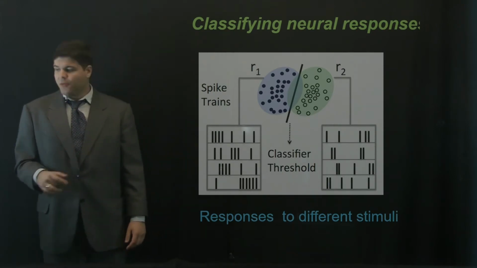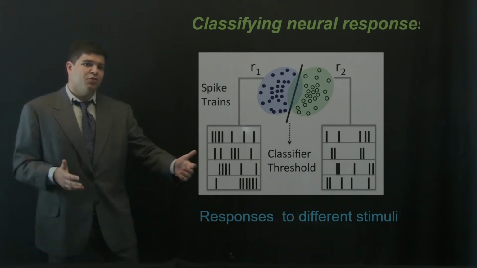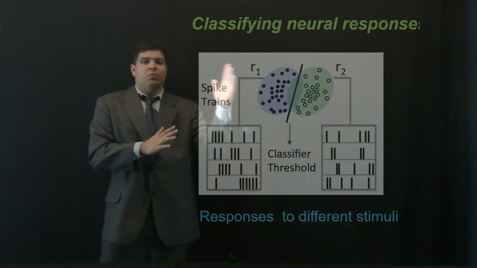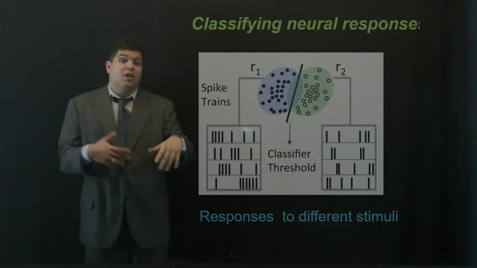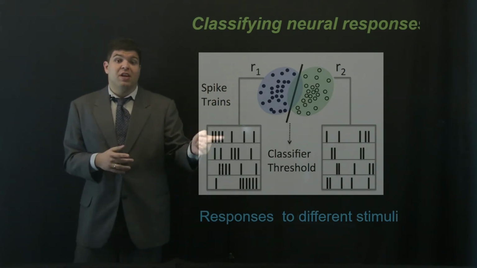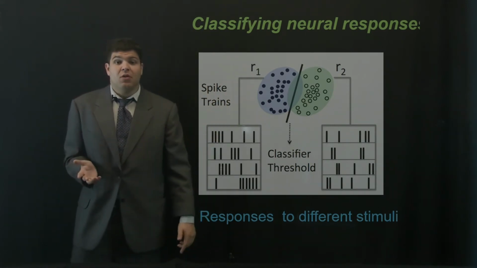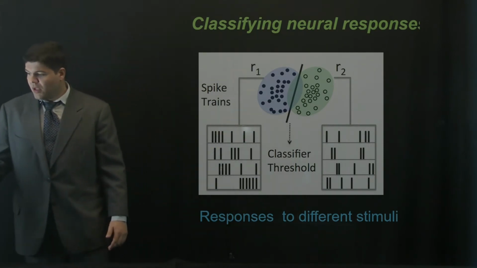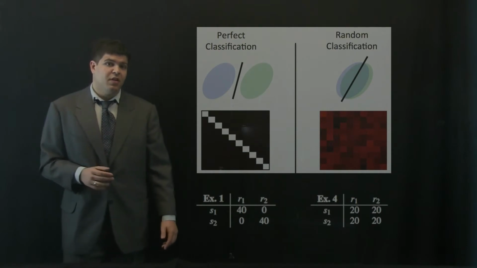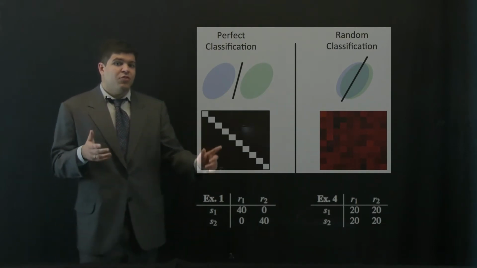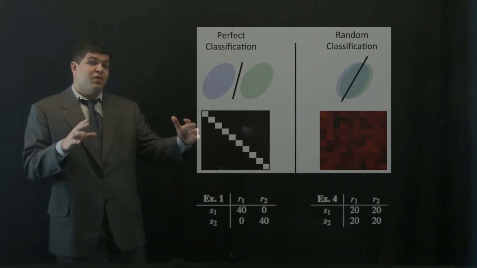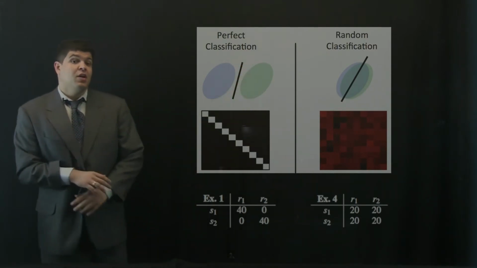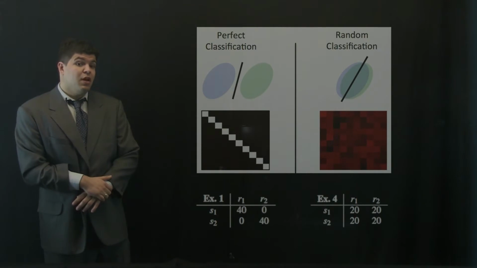An important notion here is that we're going to have a classifier threshold that will let you discriminate: if you see a spike train, from which stimulus do you think it was generated, and which family does it belong to? Just to add a little notation, if these two sets are completely disjoint, that is, far apart, then we can put a classifier right in the middle.